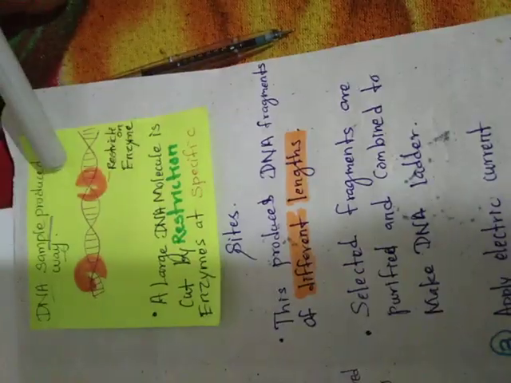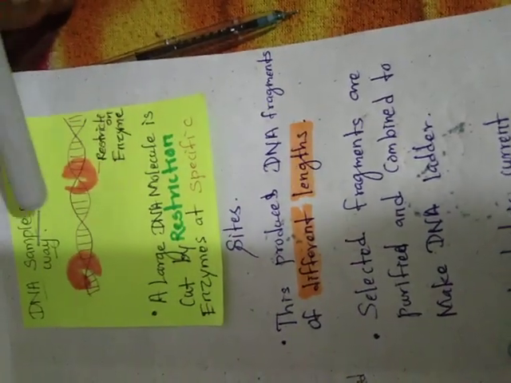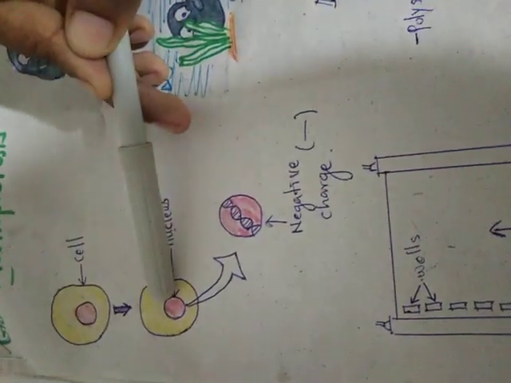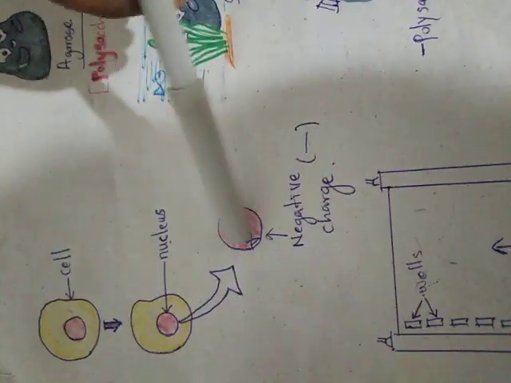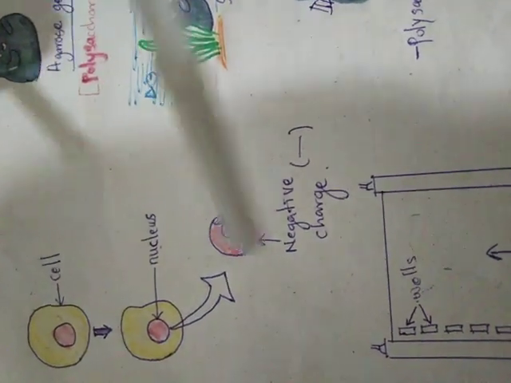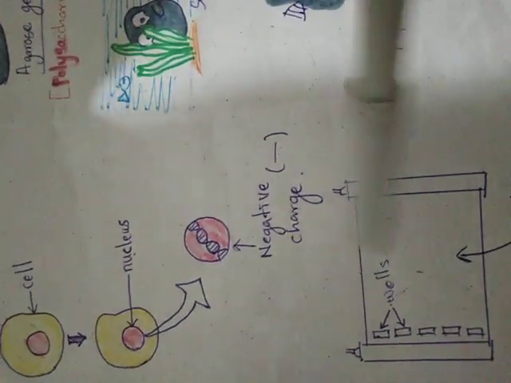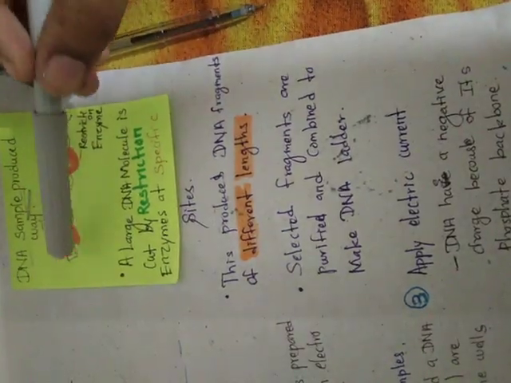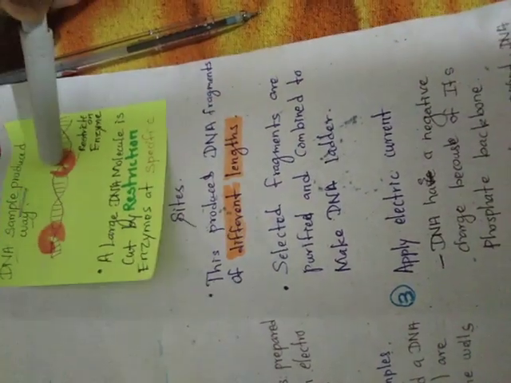How can we take the DNA? First, I said the cell has a nucleus and the nucleus has the DNA. So we have to separate this DNA to use for this. The DNA sample is produced using restriction enzymes.